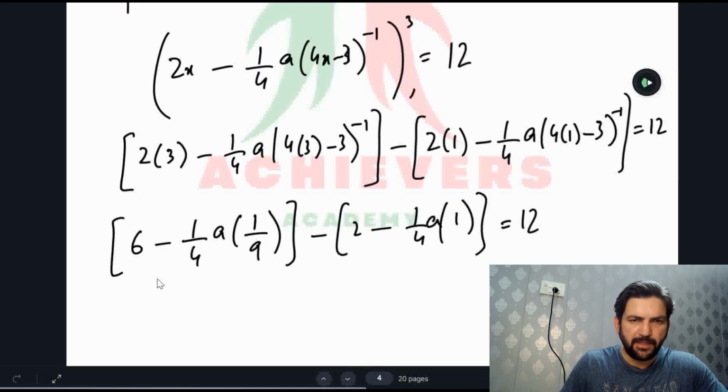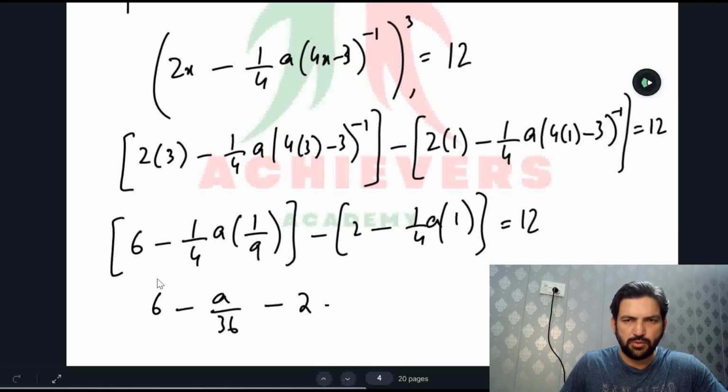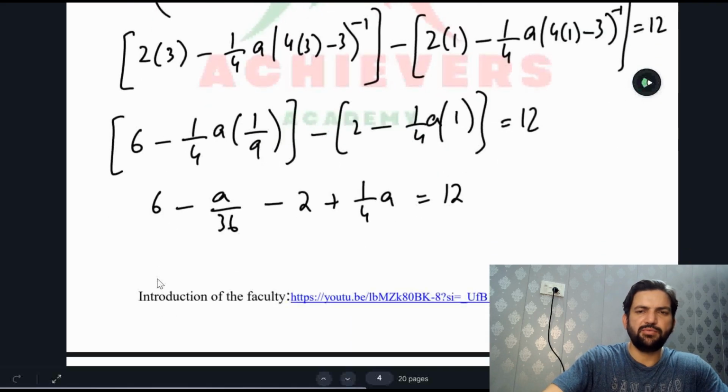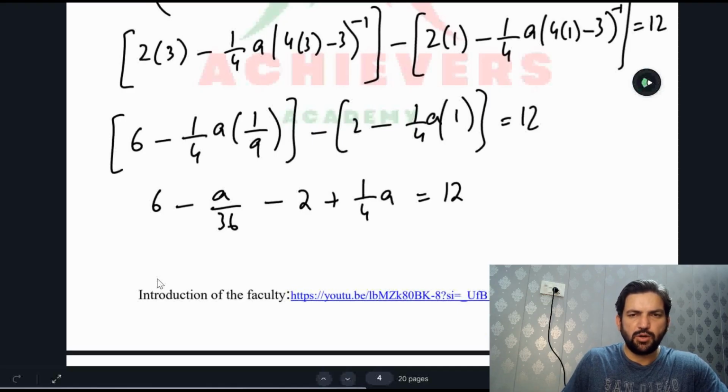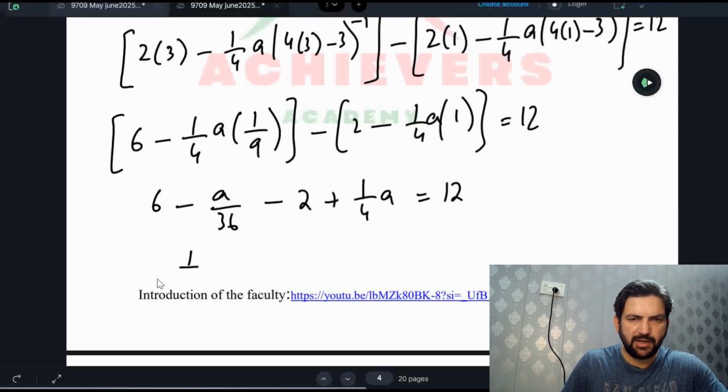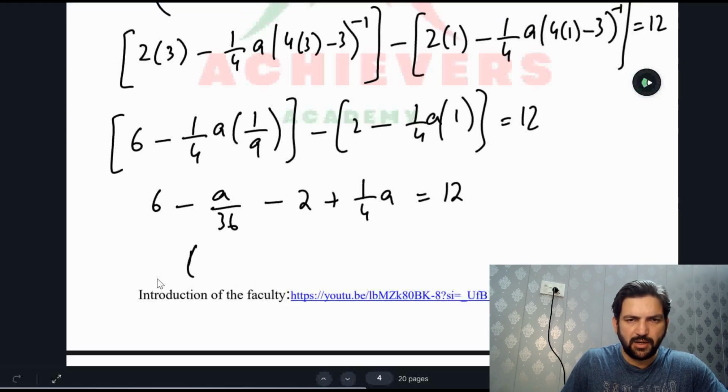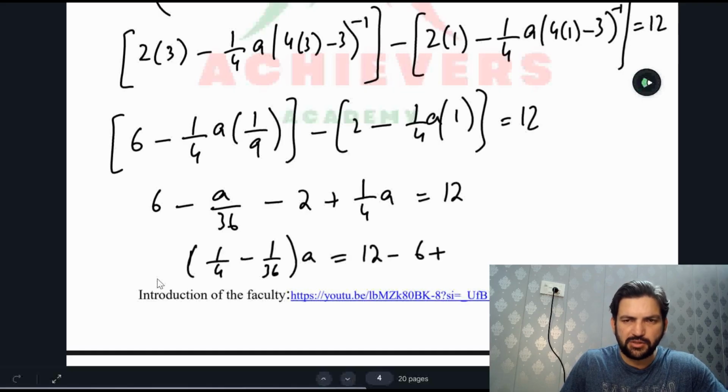So this will be 6 minus a by 9 fours are 36, minus 2 plus 1 over 4a, equal to 12. Now if we rearrange it, this will be 1 over 4a minus 1 over 36a, or we can write it like this: 1 over 4 minus 1 over 36, times a, is equal to 12 minus 6 plus 2.